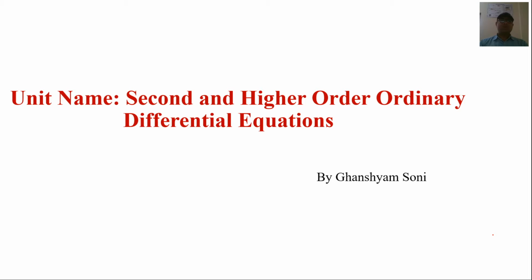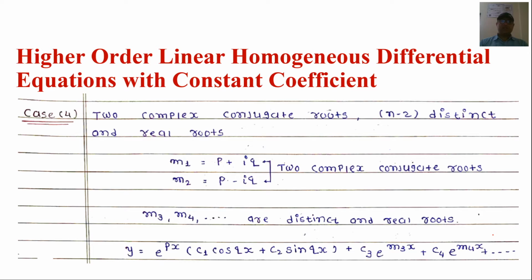Today in this session, we will discuss the remaining two cases for the solution of the higher order ordinary differential equations with constant coefficients. So let us discuss first case number 4.